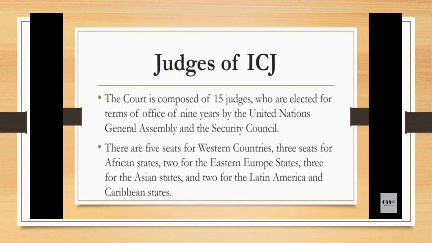Then, judges of the International Court of Justice. The court is composed of 15 judges. Those judges are elected for a term of office of 9 years by the United Nations General Assembly and the Security Council.